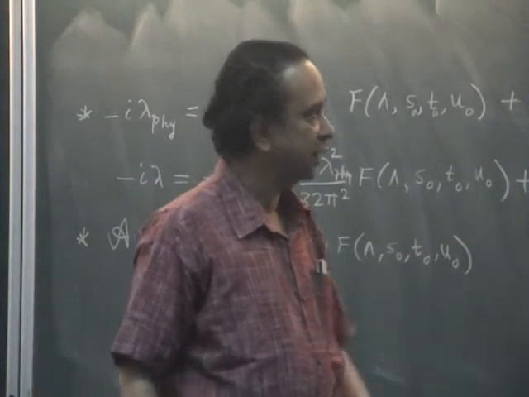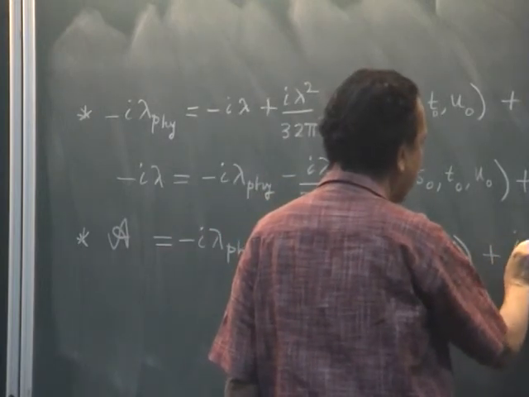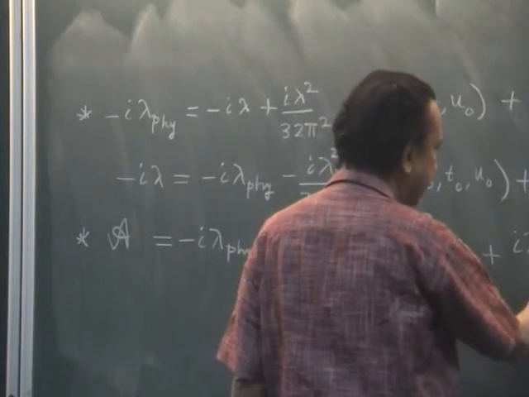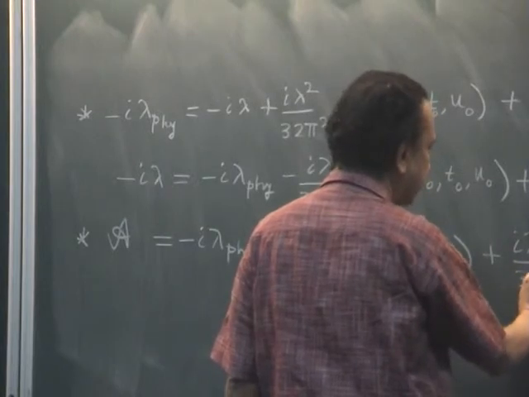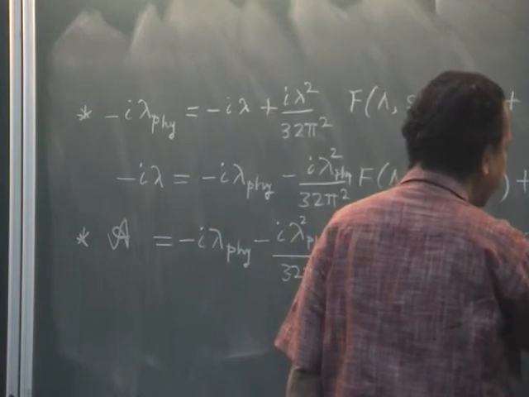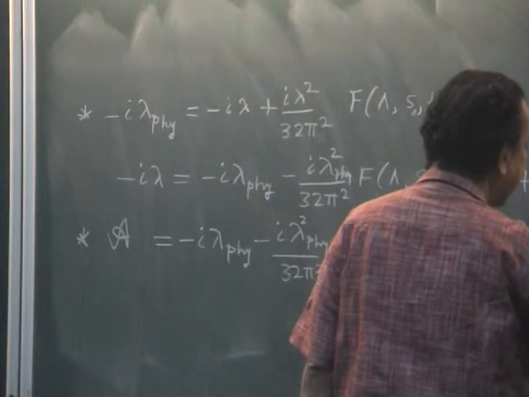Then you have that extra term which is plus i lambda square, which to the lowest order again is lambda physical square upon 32 pi square. That quantity is f of lambda, s, t, u.